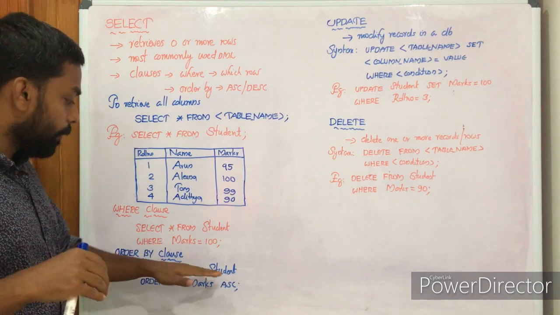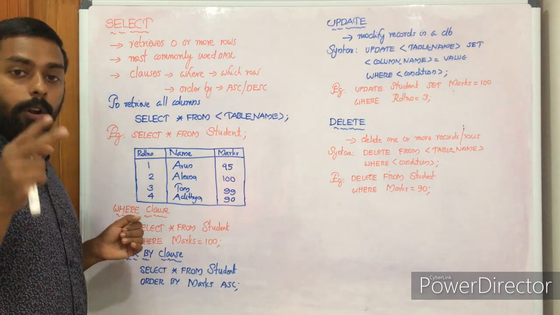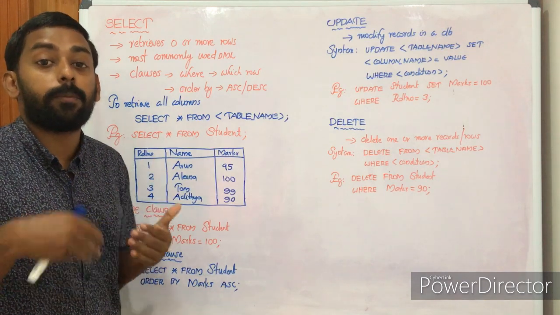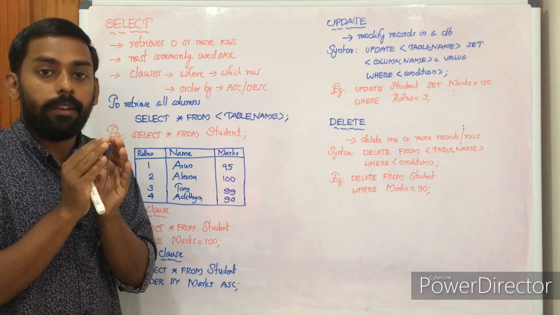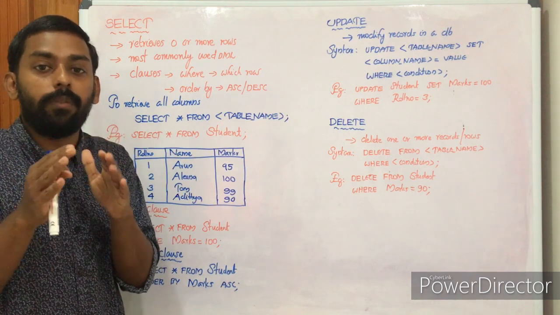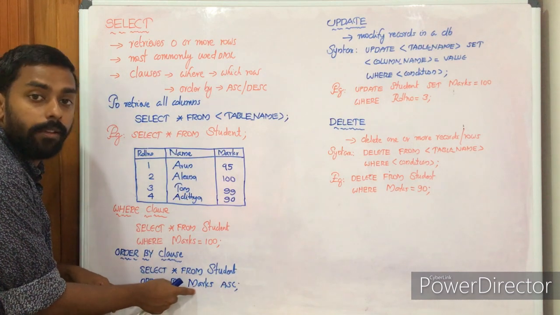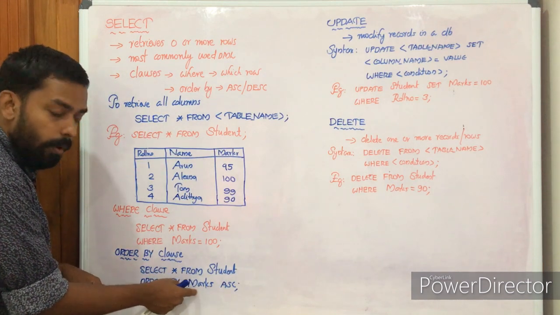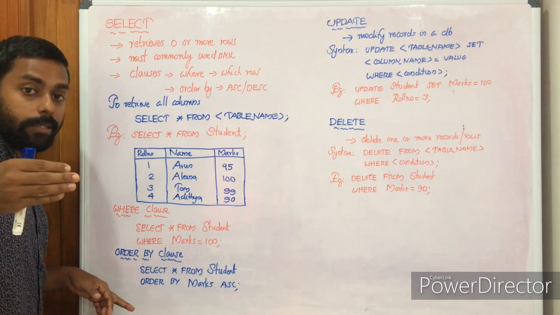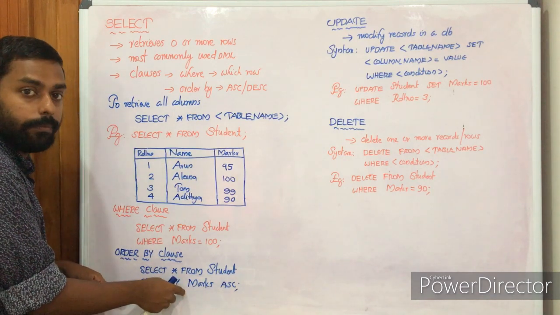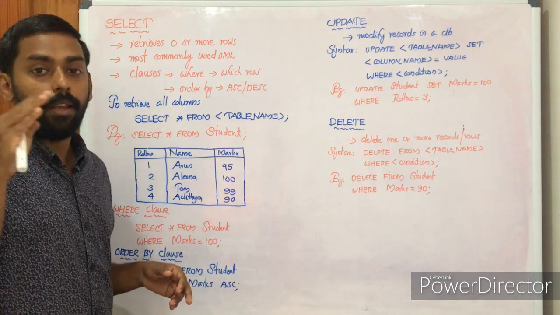Okay, so these are the two different ways of applying the order by clause. Order by means arranging the elements in some specific order, either in ascending or descending. ASC and DESC are the two keywords used with order by clause, and just after order by we are giving the name of a column. Here we are arranging the elements in the table student based on the column marks, and we can apply either ASC or DESC.